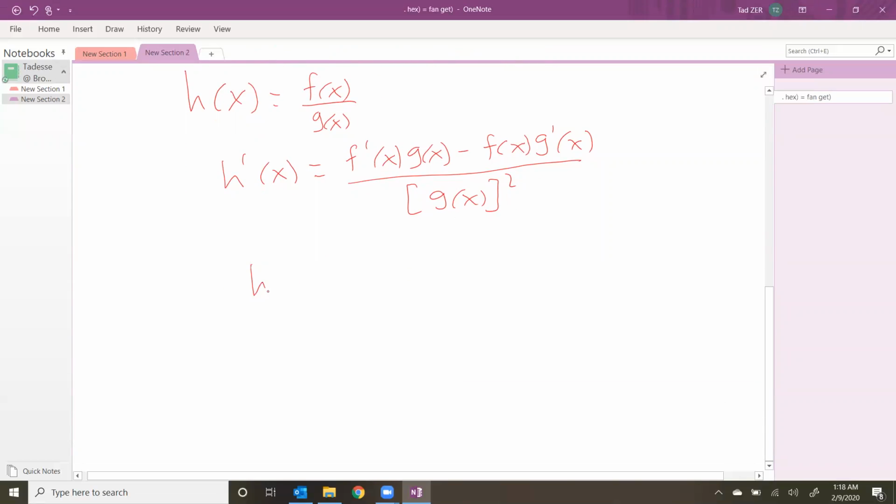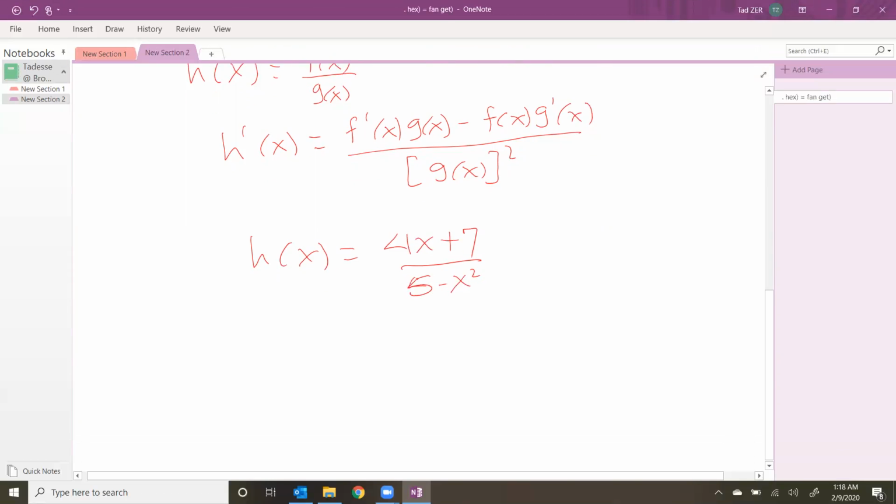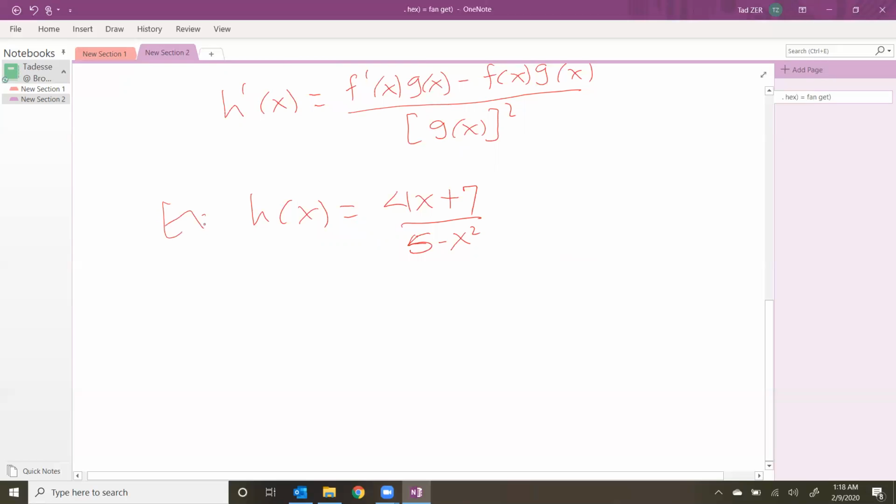A simple example: just think of h of x equal to, you can take any function, let's say 4x plus 7 divided by 5 minus x squared. So this is a quotient of two functions. We want to find h prime at x. Using the quotient rule, h prime at x becomes the derivative of the numerator.